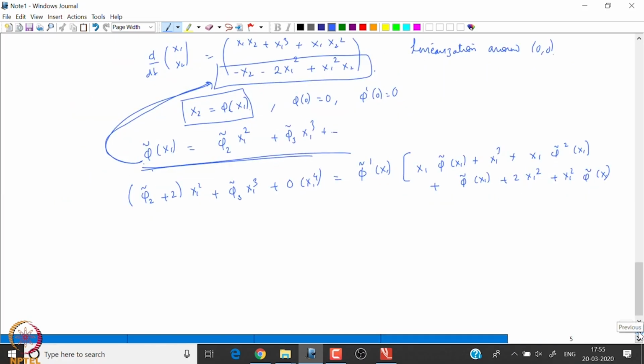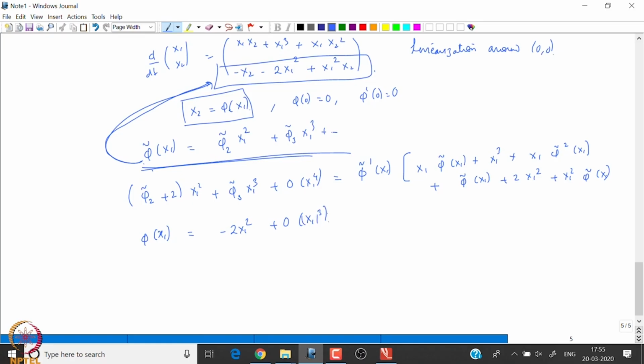It is a lengthy process, but it is purely mechanical. Once we do all the manipulations, what we find is that phi of x1 is simply minus 2 x1 square plus O of x1 cube.